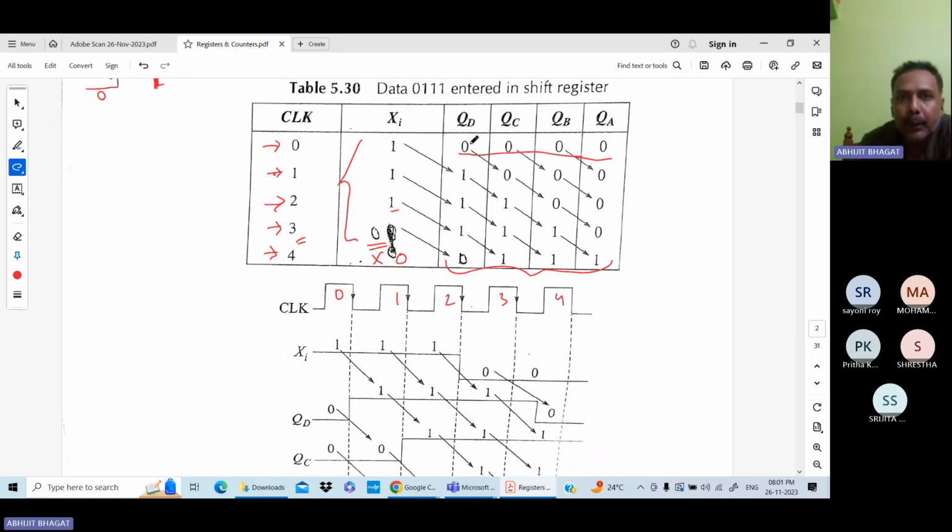Okay, next for this QD, you can see here, shifting by 1 here, QD. So QD at clock 0 is 0, then 1, 1, 1, then 0. You can see at clock 0 it is 0, then 1, 1, 1, and at last it is 0.